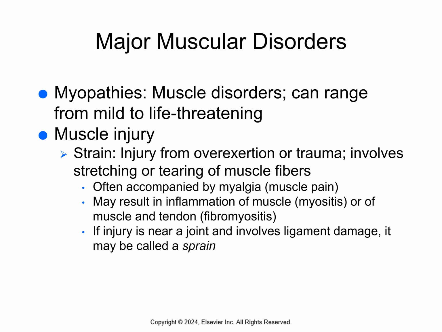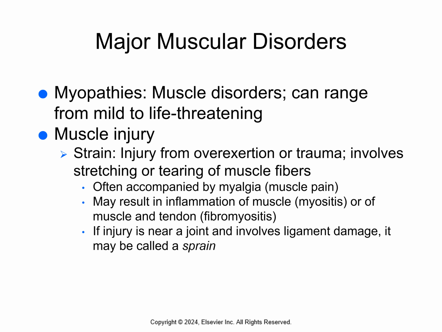Now first, for a muscle injury, I want you to know this word: strain. Our muscle has been strained. That's an injury from overexertion or trauma. It involves stretching or tearing of muscle fibers. When you have it, you usually have myalgia, which is muscle pain, and myositis, where it gets inflamed.